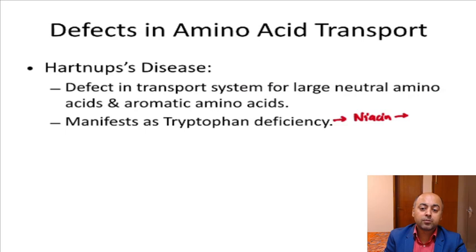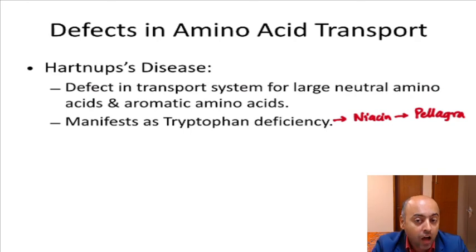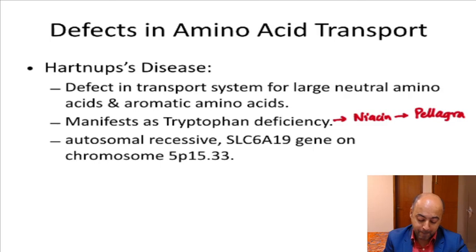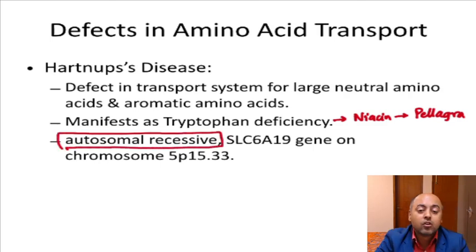So it will present as niacin deficiency, which I'm sure all of you know will cause what is known as pellagra. So when we see a patient having pellagra, and if it's a small child, then we start thinking about the differential of defect in amino acid transport. Inheritance pattern is autosomal recessive.